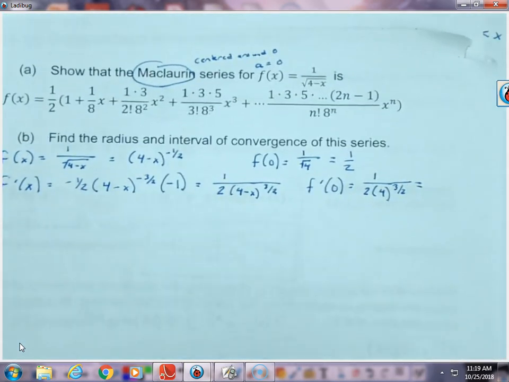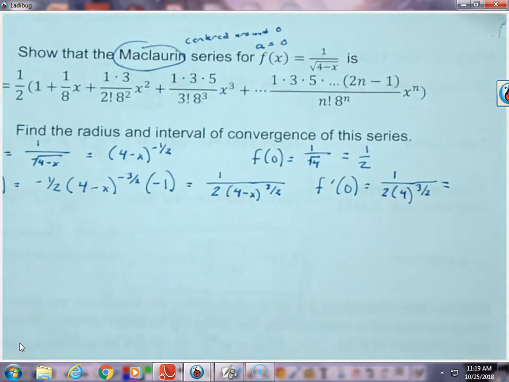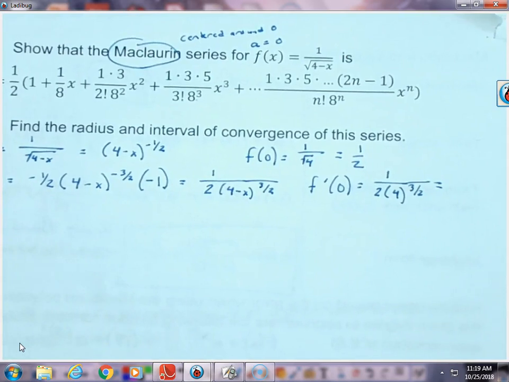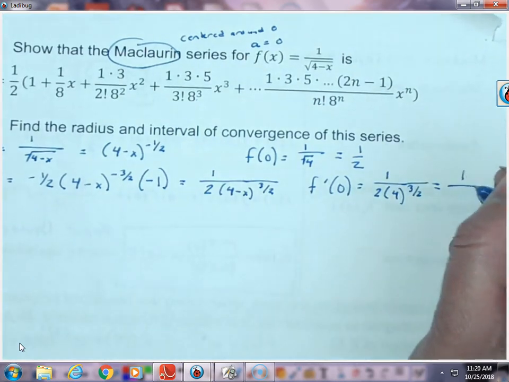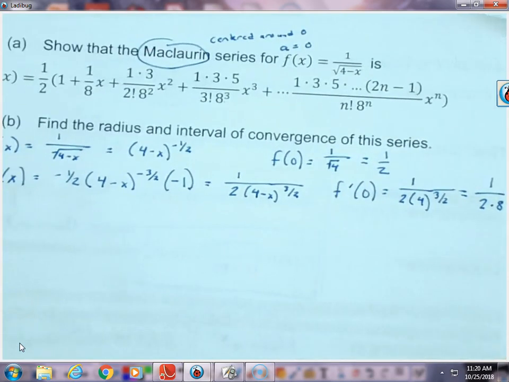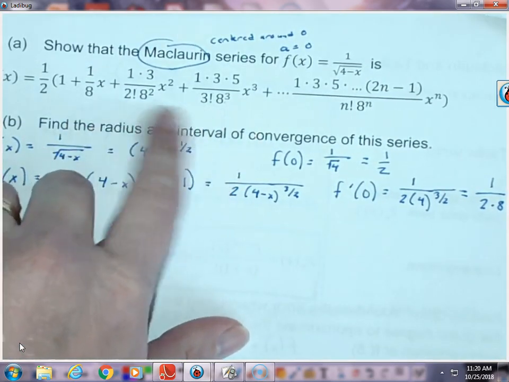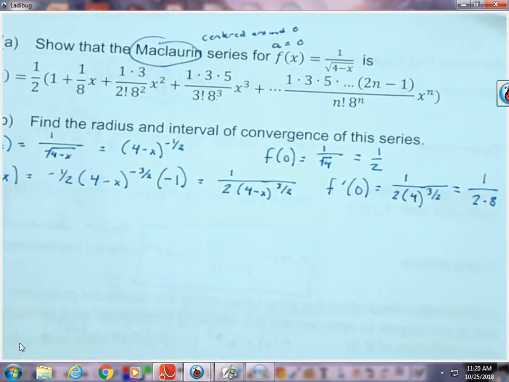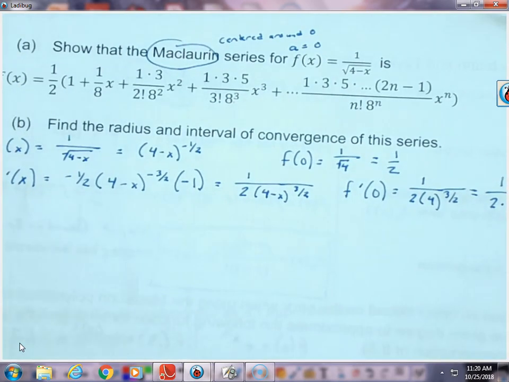And if you'll remember, for rational exponents, the bottom number, you take the root, the top number, you raise it to that power, so you're taking the square root of 4, which is 2, cubing it, which is 8. Now I'm going to leave that as 1 over 2 times 8 instead of saying 16. And the reason is, I'm looking up here, they're going to be wanting me to take some 8s out of the denominator. So I'm going to try to break whatever answer I get down into some 8s. I would not do that if I wasn't going for what they told me. That would not occur to me.